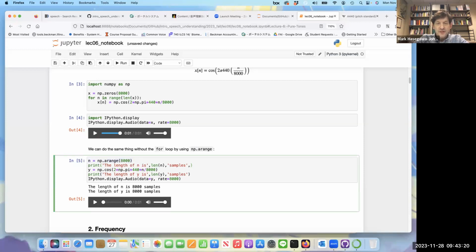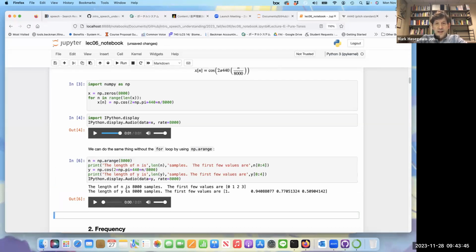Let me just print the first few values. So we can see that n is 8,000 samples long, and it consists of 0, 1, 2, 3, and so on, all the way up to 7,999. y is 8,000 samples long, and the values of y are 2 times pi times 440 times the different values of n divided by 8,000.